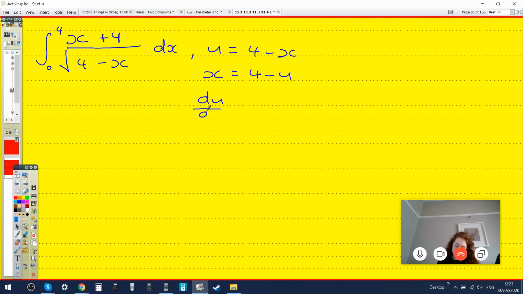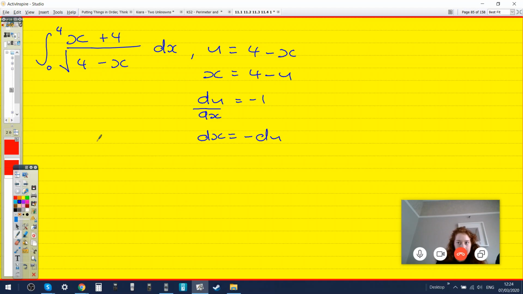So what does that mean? The dx, is that just minus du? Yeah. So can we input our x into the x plus 4? Or could we change the root to a power of a half?